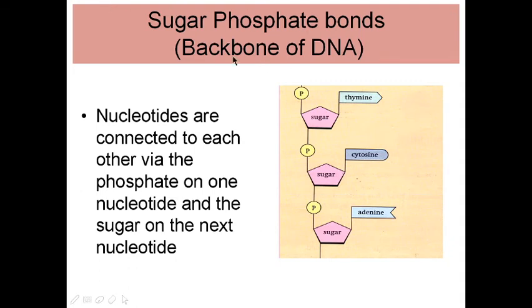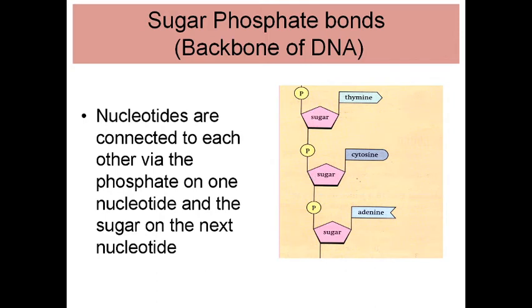Sugar phosphate bond. These sugars, that is the ribose sugar or deoxyribose sugar, will form the backbone of DNA. These nucleotides are connected to each other via the phosphate on one nucleotide and the sugar on the next nucleotide, and like this it continues.